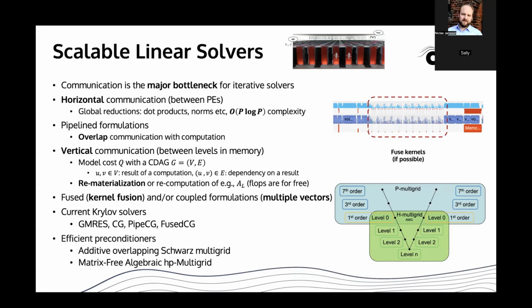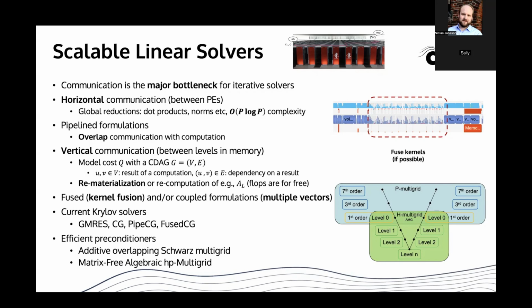When it comes to preconditioners, these Krylov solvers are not going to fly unless we have good preconditioners. And there we have the classic spectral element preconditioners, additive overlapping Schwarz multigrid, which is working very well, especially if you have a domain that is very close to regular shaped elements. But we want to push this more to more demanding meshes, more unstructured problems.